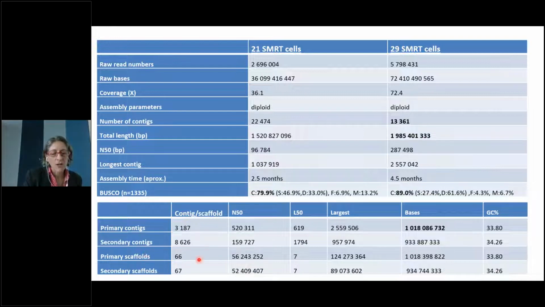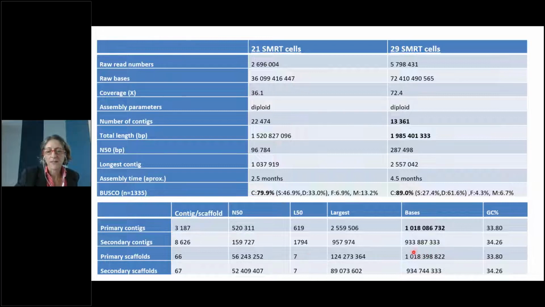And with Chen Wu and Cecilia Deng in New Zealand, we managed to do some scaffolding using the Hi-C data. We came out with 66 final scaffolds and a pretty good N50 and L50, for those that know what that means.